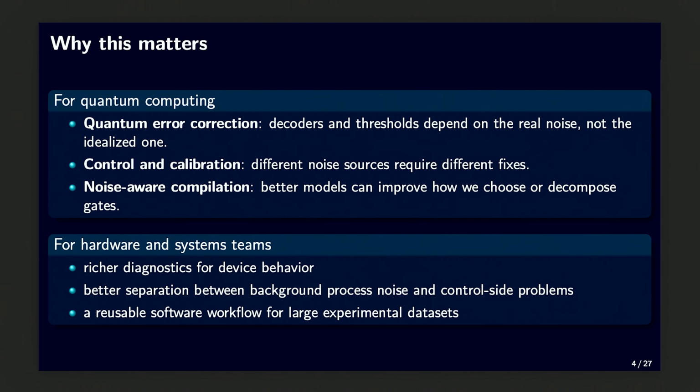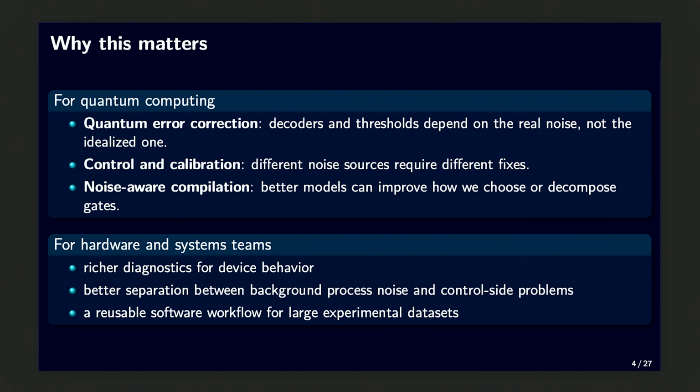And also for calibration, you really need to know where the noise is happening, because different noise sources require different fixes. And even for having better compilers, you really need to know the source and the reason of the noise, because, for example, you can change a gate to a better gate to avoid all of those bad areas.